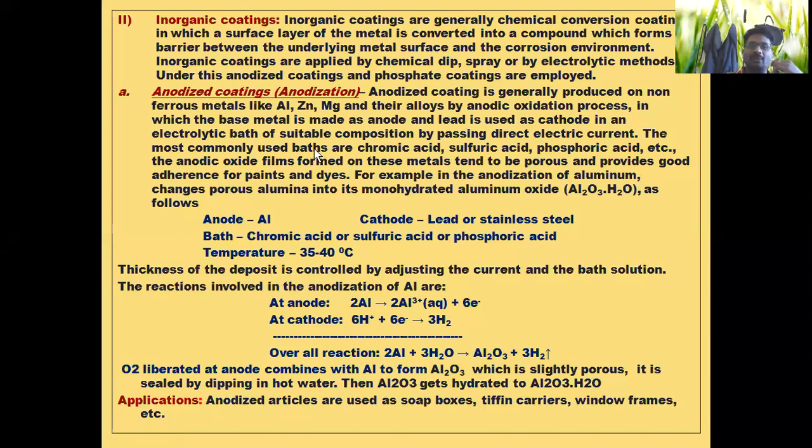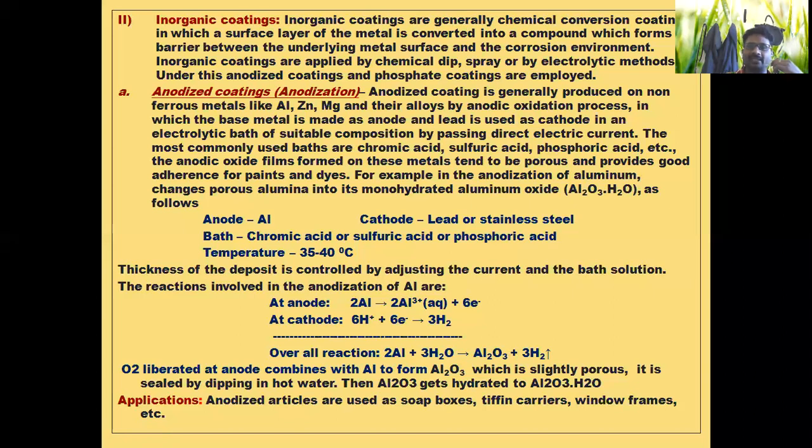The most commonly used baths are chromic acid bath, sulfuric acid bath, phosphoric acid bath, etc. Why are these baths used? A bath is nothing but the combination of chemicals which are taken for a particular coating. That is called the chemical bath composition for a particular coating.